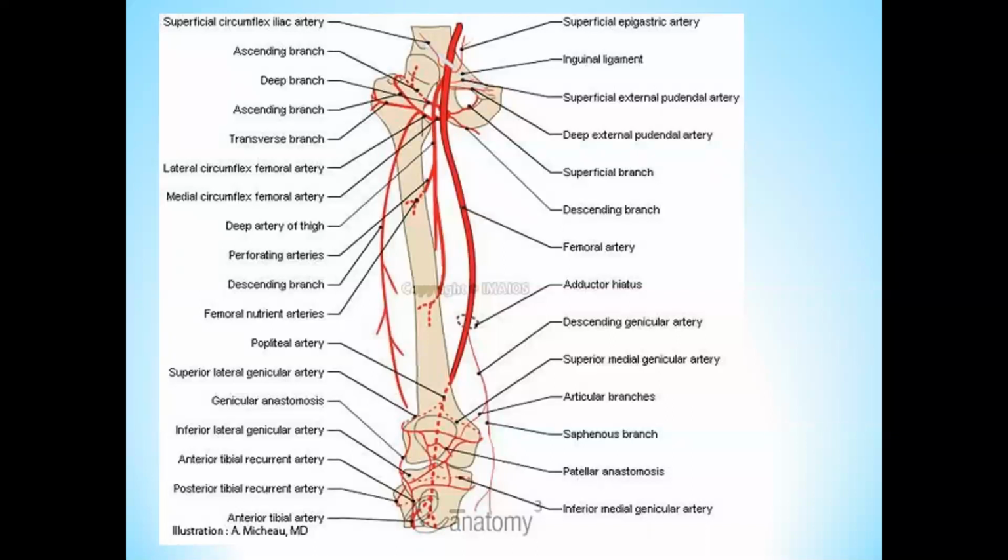The external iliac artery continues to pass through the inguinal ligament into either the right or left leg, while the internal iliac artery supplies the local area, for example the pelvis and adjacent regions, and the veins drain that part.